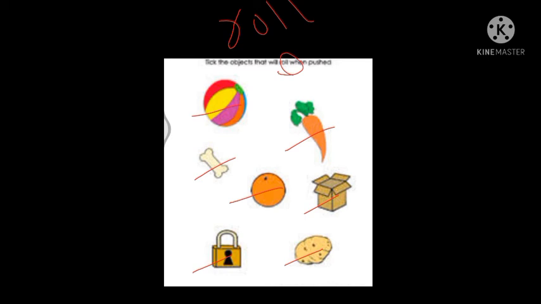Okay, ready everyone? Tell me which is the first one that will roll. Sazia, one more time say. Which one will roll first, beta? Beta, the first one is absolutely ball. So we have to tick that ball, right?